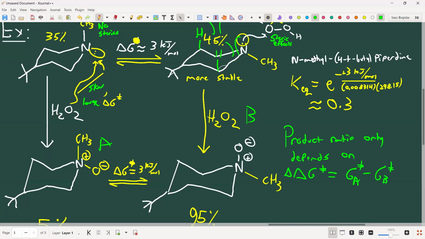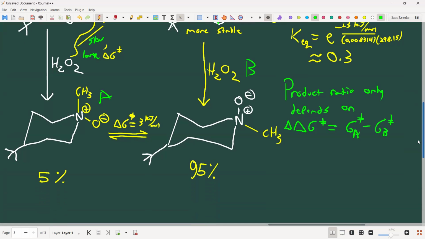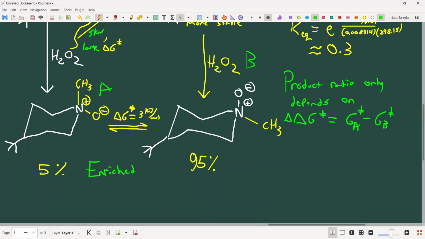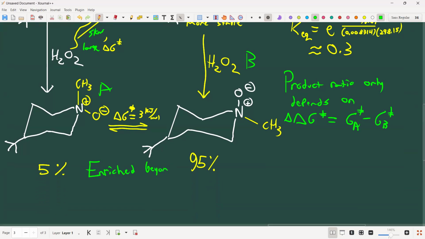And therefore, you get a huge difference in your materials, right? So you get an amplification, if you will. This is enriched beyond the expectation of KEQ between the products.